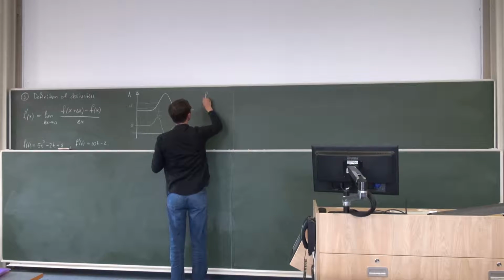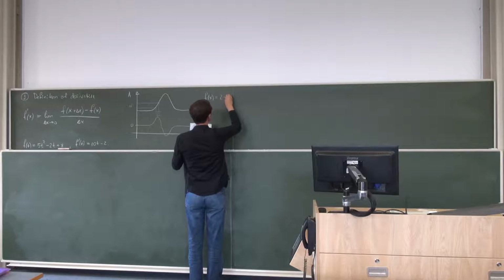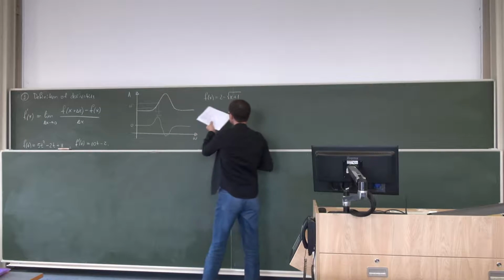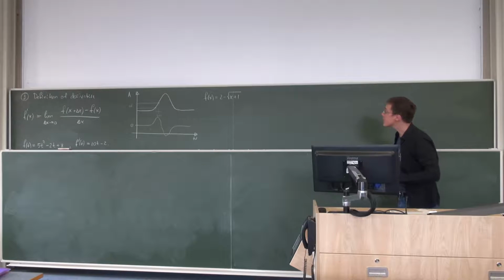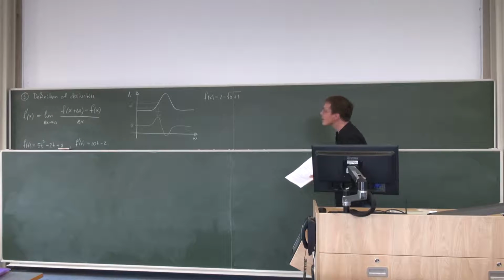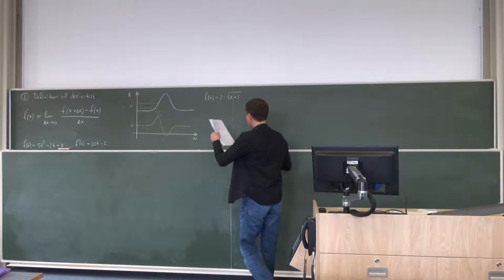If you have a function f of x that contains, for example, a square root, root x plus 1. Any of you would be able to differentiate that straight away, or at least once you've reminded yourself how to do it by looking into a textbook. But the limit definition is again horrendous in this case.